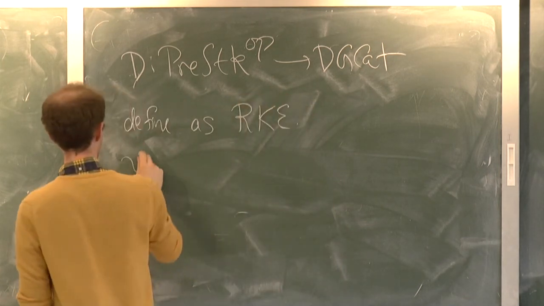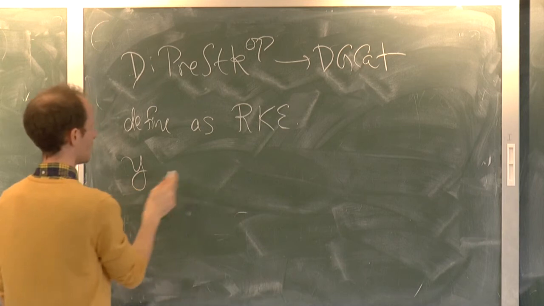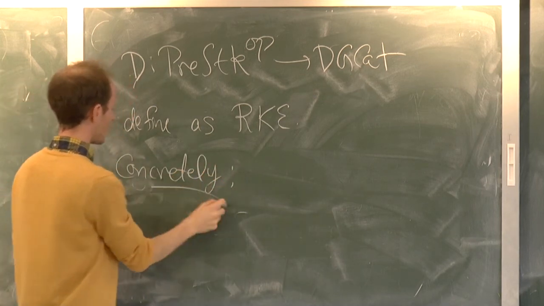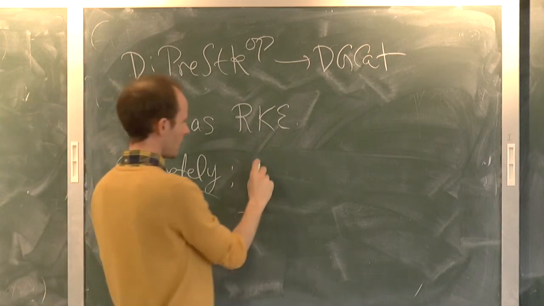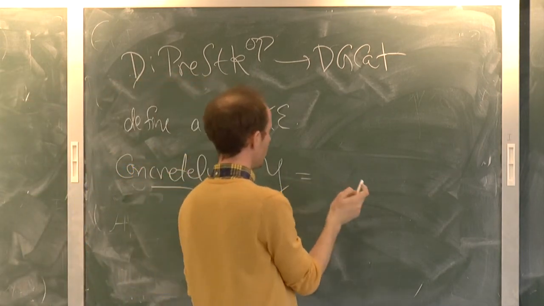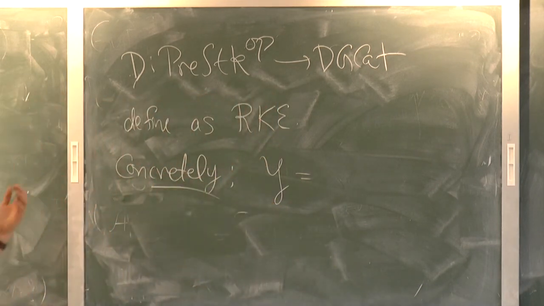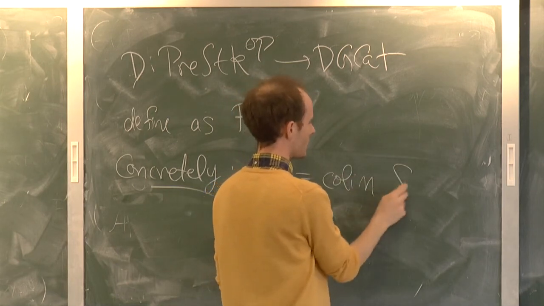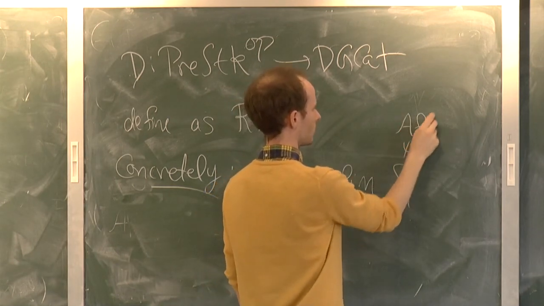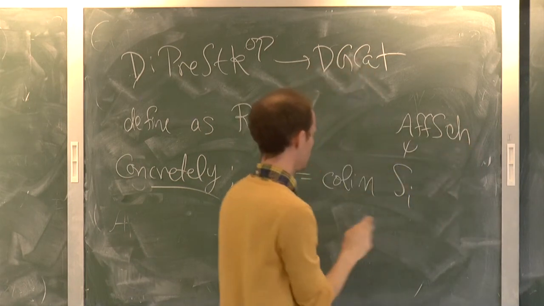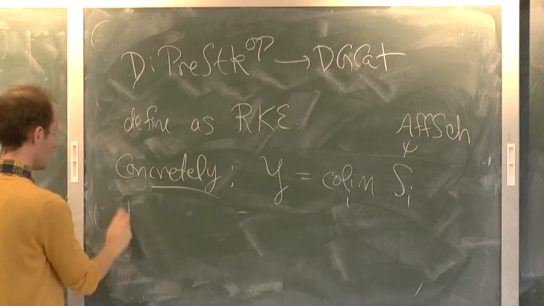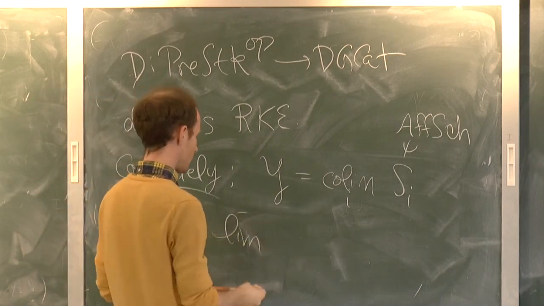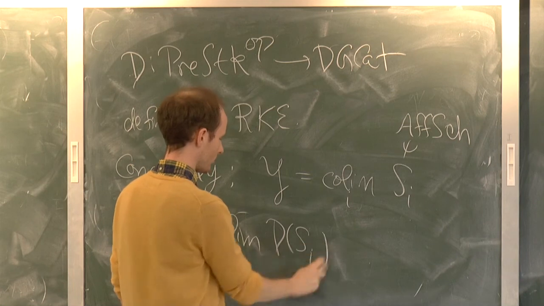So what that says is that if someone gives you some random pre-stack Y, then part of what this categorical formalism tells you is that you can write it as the colimit of some affine schemes. And now we're saying that D of Y is equal to the limit of D on each of these S_i.